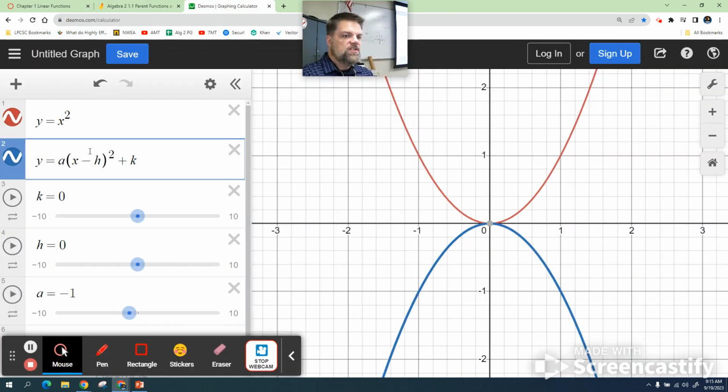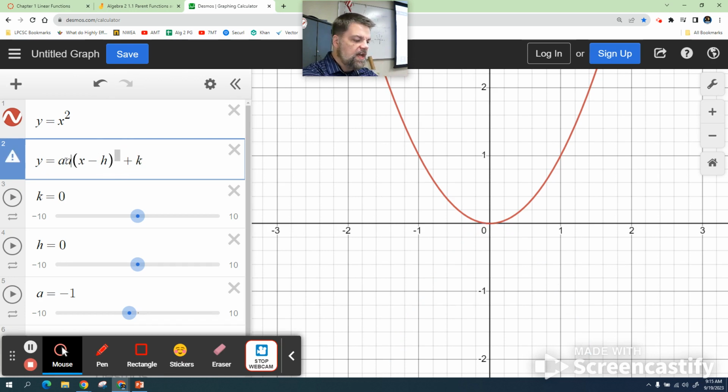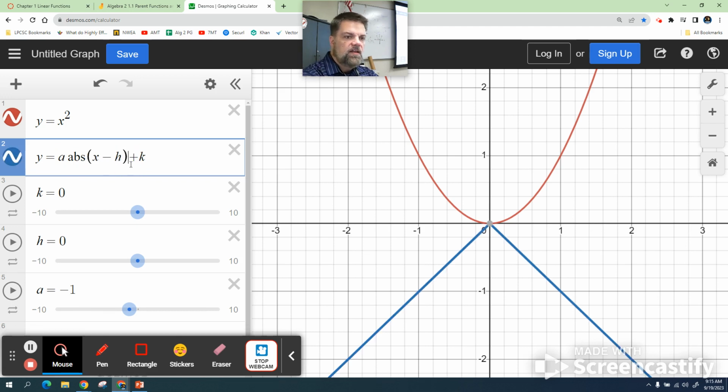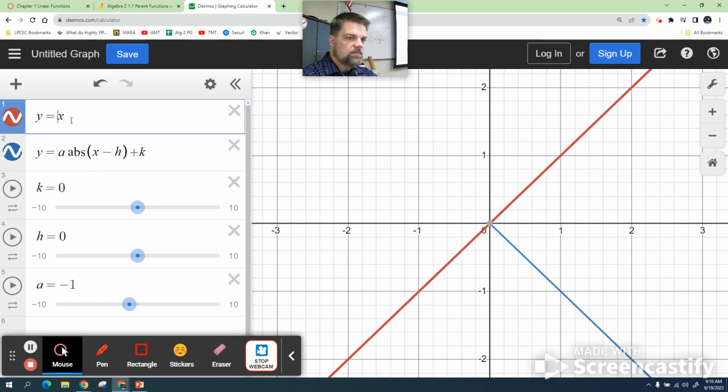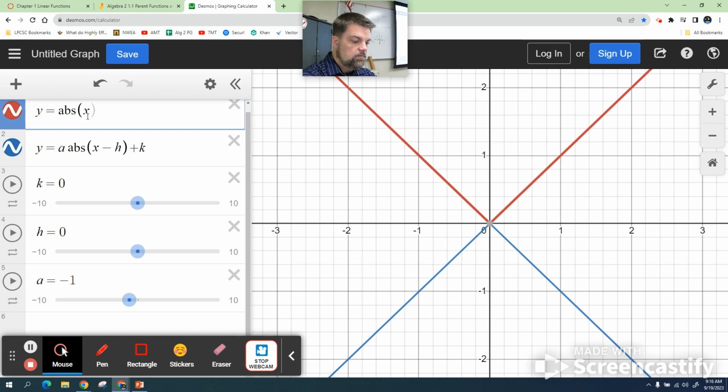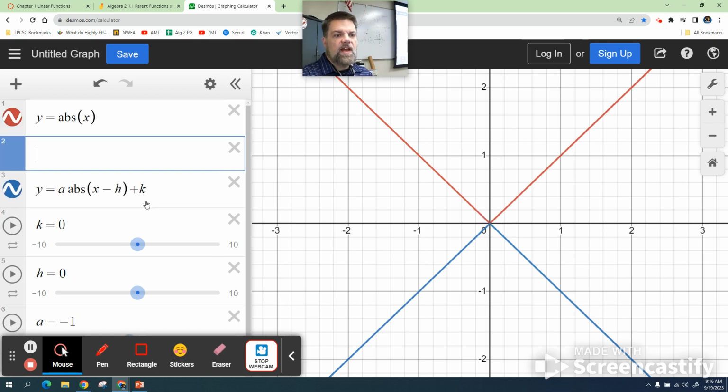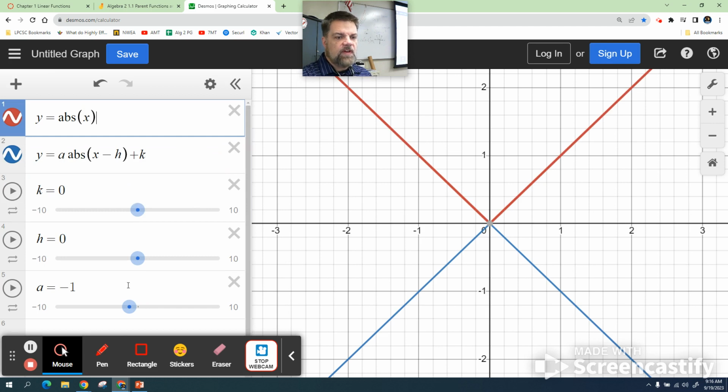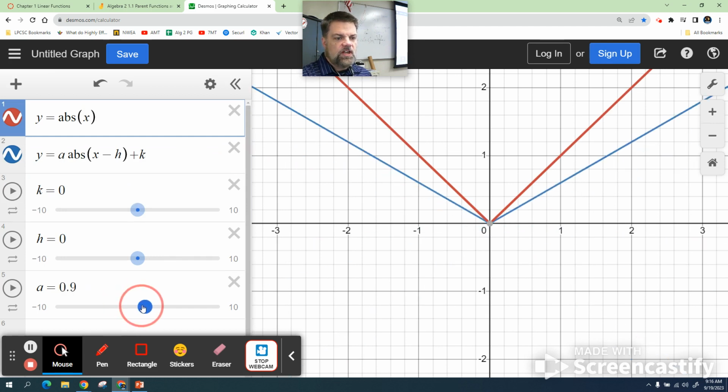Right now I've got it set up for a quadratic equation, but if I type in absolute value of a function, the red function is the regular absolute value function. If I change this to +1, see what that does? It does the same thing.